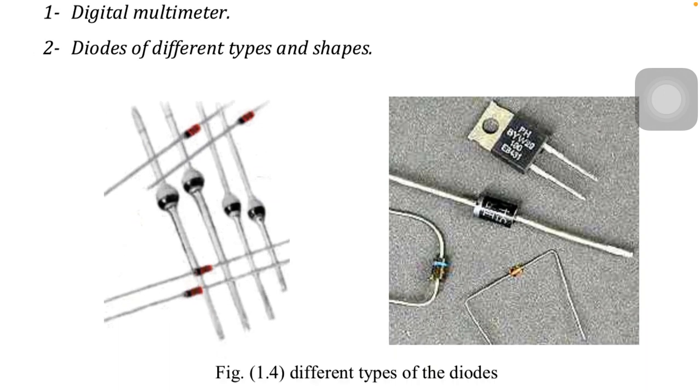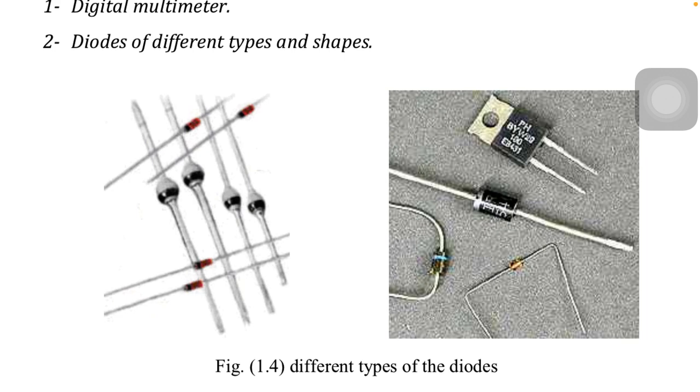Okay, diodes have different types. All these that you see, they are diodes. You have black color diodes. We have a diode in this one that looks like a transistor. Some are Zener diodes.